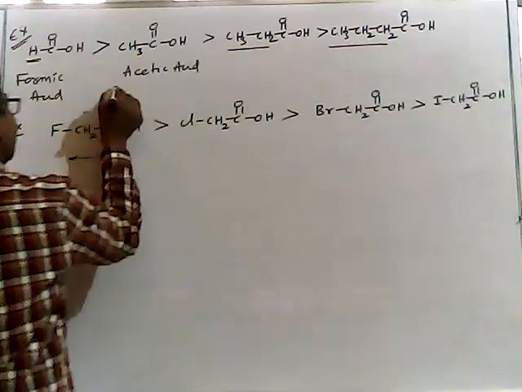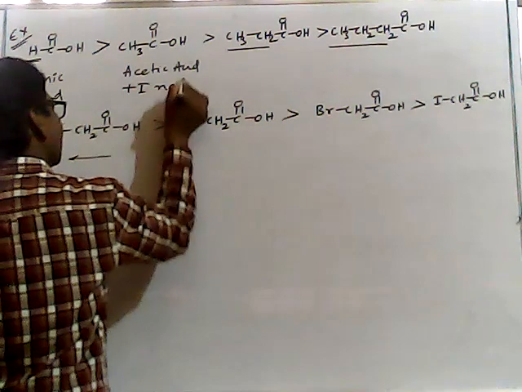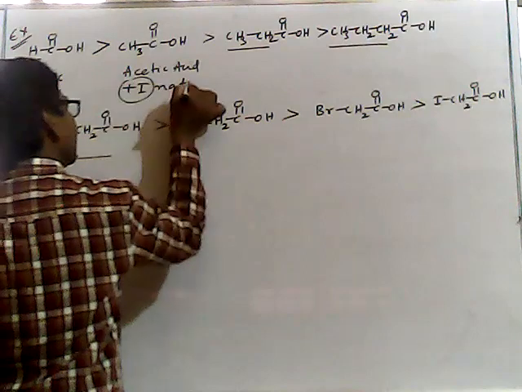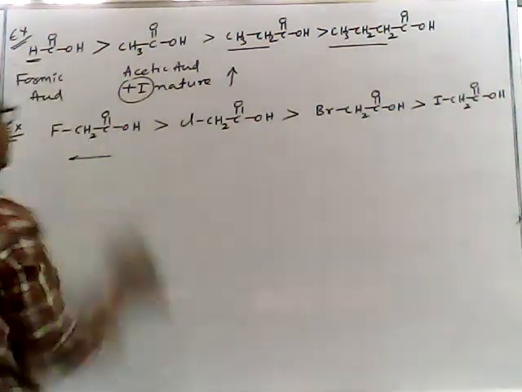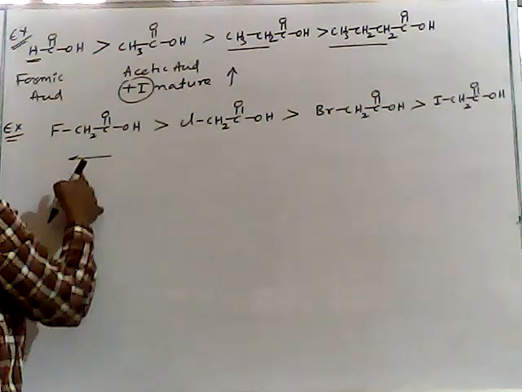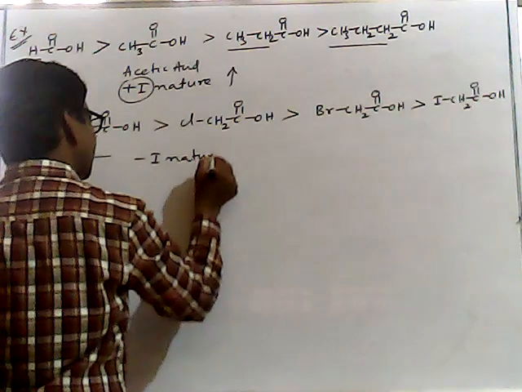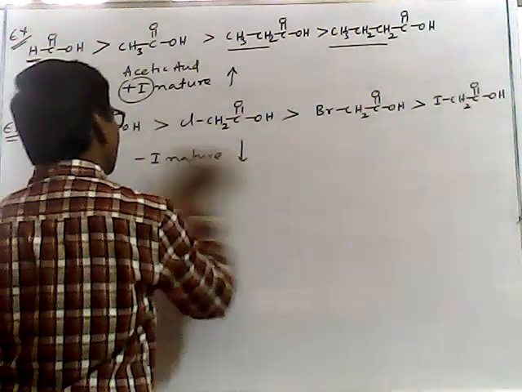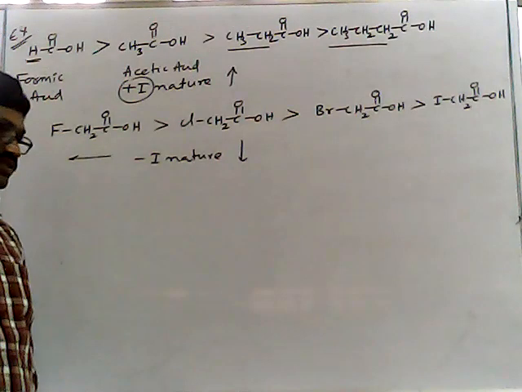Here what is happening in this first example? Plus I nature increases. That is the reason why acidic nature decreases from left to right in these groups. Here minus I nature decreases from left to right, so the acidic nature decreases.